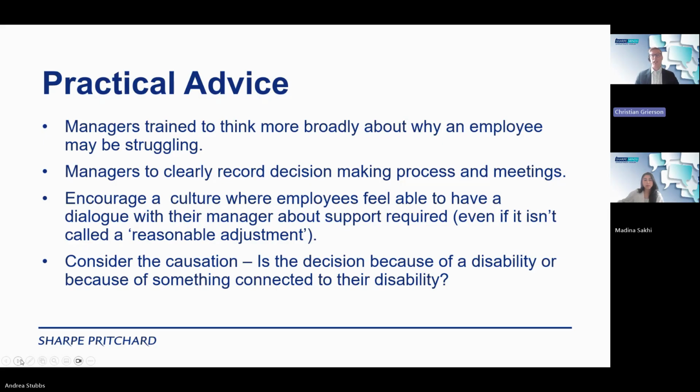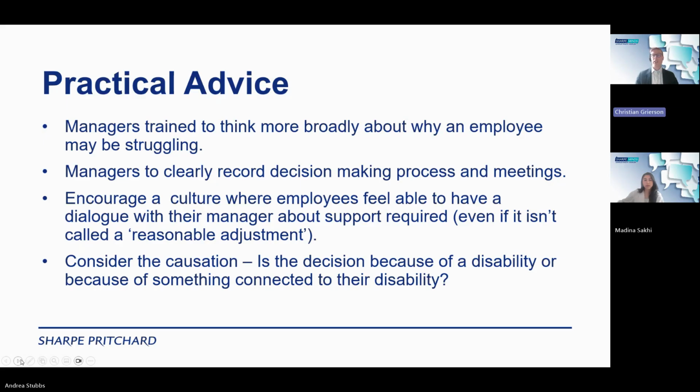I would also advise managers to clearly record decision-making processes and meetings. This is to show a paper trail of why decisions were taken and, if support is being given, how it's being enacted. I would also encourage a culture where employees feel able to have a dialogue with their manager about the support required.